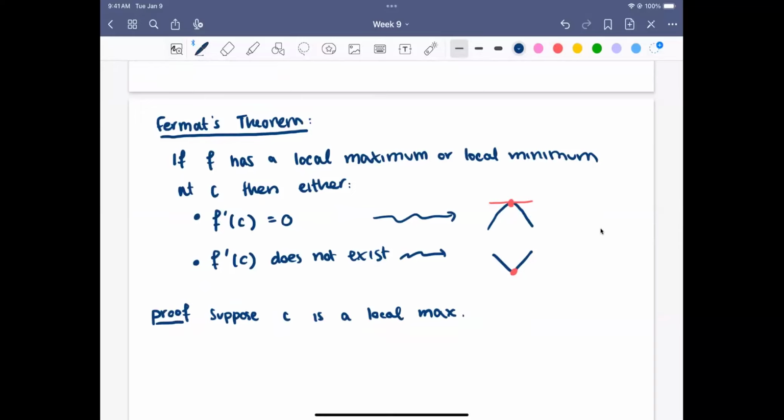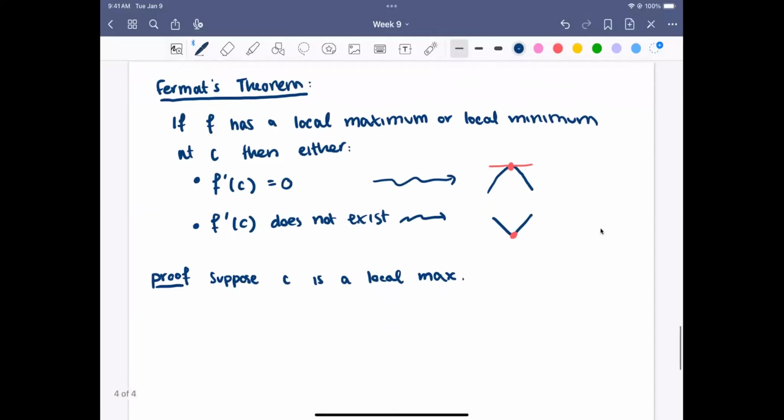If I want to prove an or statement like this, where we want to say that the derivative either does not exist or is 0, it is sufficient to prove the following. We'll just assume that the derivative does exist and then show that it's equal to 0. Right, so let me write this down. So we will do the following.